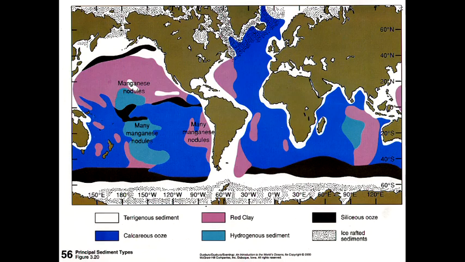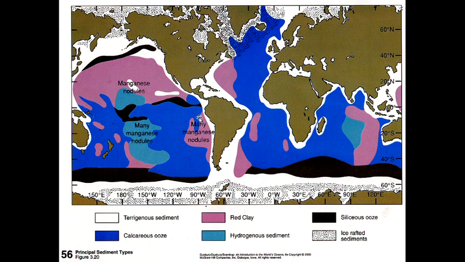If we look at this map again of sediment distribution over the globe, notice that in different places out here in the Pacific, they show many manganese nodules growing. Hydrogenous sediments are shown in this light blue or sort of aqua color, and notice they are predominant out here in this sample near the deepest or farthest point away from terrigenous areas.